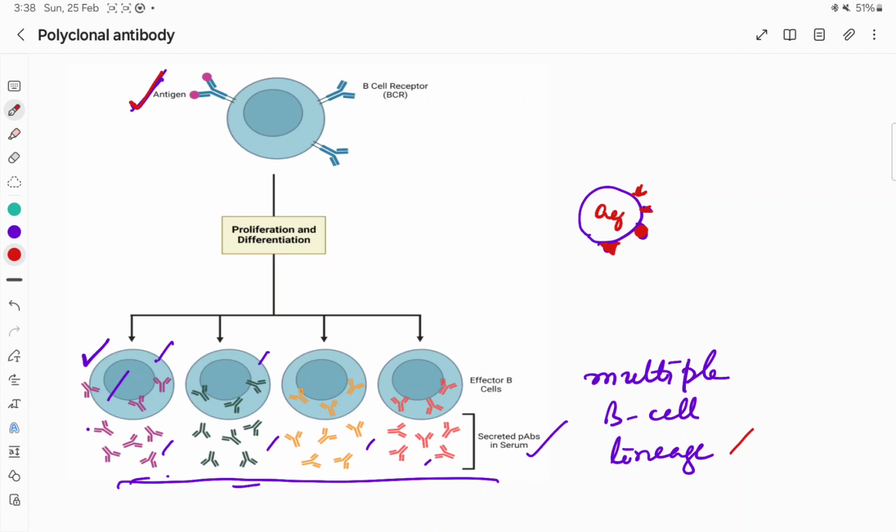That mixture is called the polyclonal antibodies. This mixture has no less specificity because it can bind to different types of epitopes, but we can say they are broad in action. They can bind to a variety of epitopes in the same antigen.